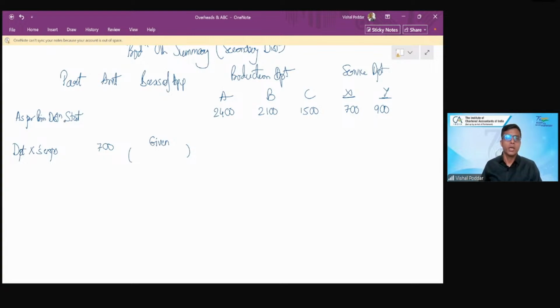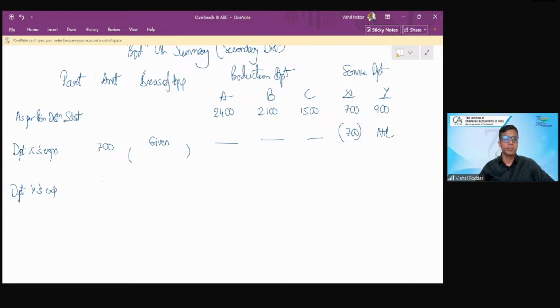Now here, had this been a direct method, the ratio that would have been given in the question would be of only the first three. So we would have written the amounts in the first three, put 700 negative here, and here I would have put dash. So in case of direct method, there would have been nothing coming here.